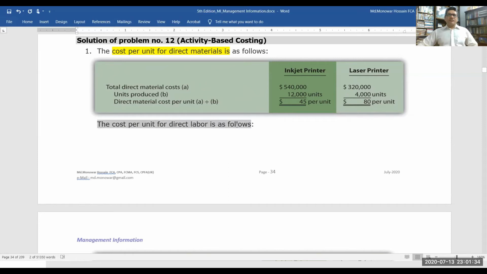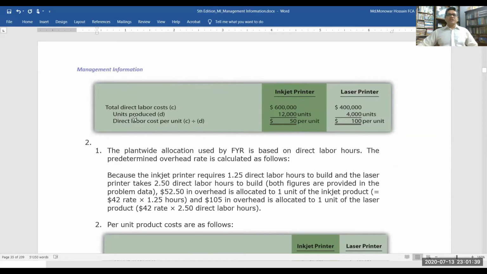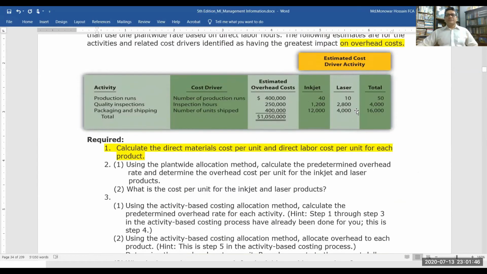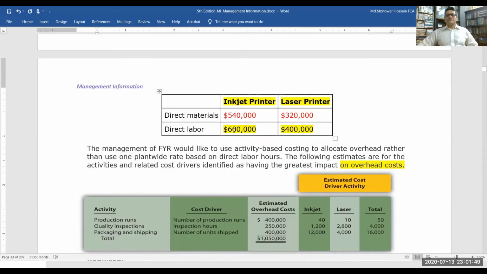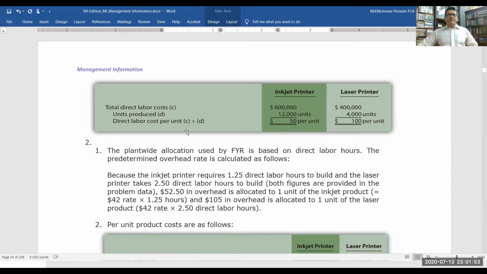And the cost per unit of the direct labor, we'll calculate it here as per the question. The total labor cost is 6 lakh and 4 lakh for the laser printer. If we divide by the number of units, 12,000 units and 4,000 units, we will get direct labor cost per unit: $50 for the inkjet printer, and the laser printer is $100.